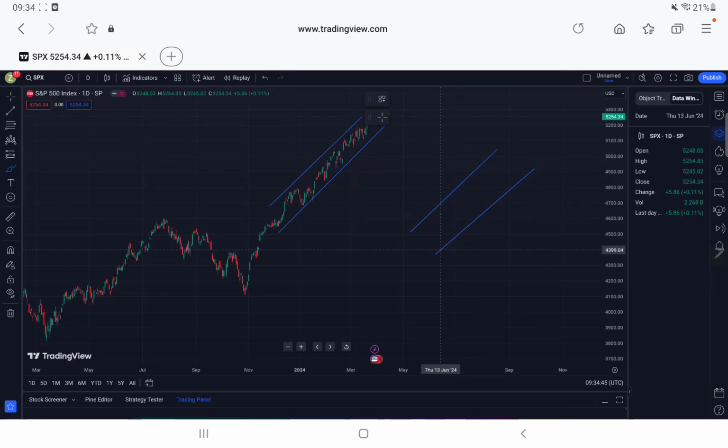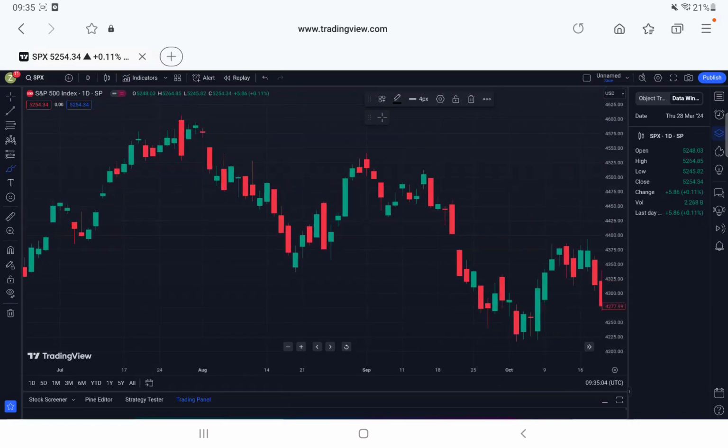So you move into it, you move up, down, up, down, whatever. But the interesting thing is you actually wick at the support and resistance, because you expect high volume there, and that's why if you look at most rising wedges or most patterns, you'll see wicks at the top, as you can see here.